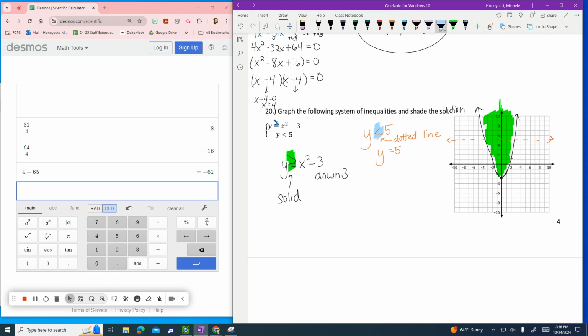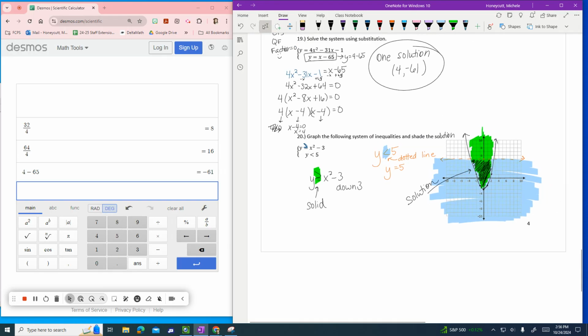And because it says less than, I'm going to shade where the y values are less than 5, so it's all of this. My solution is where the two regions overlap. So this part right here, that's shaded in dark, that is the solution. So that is our review.